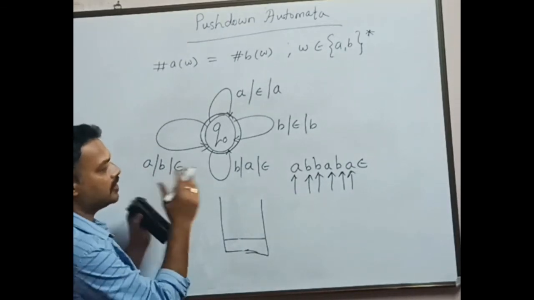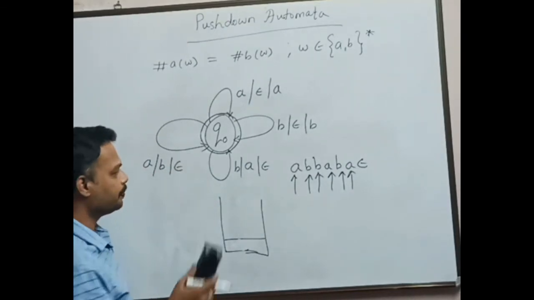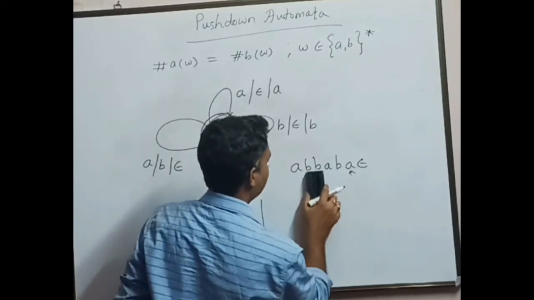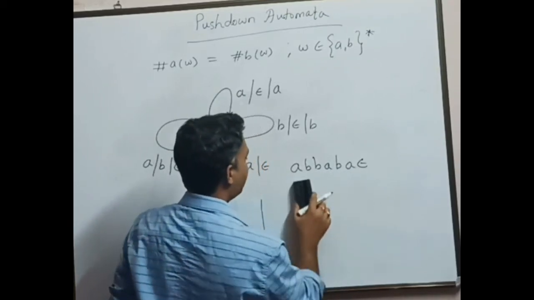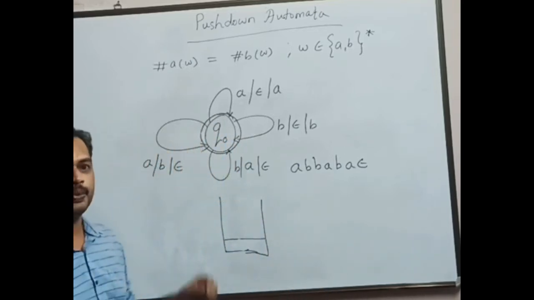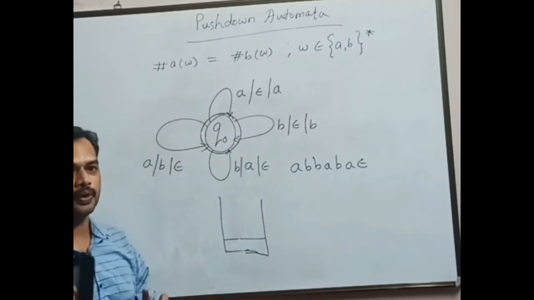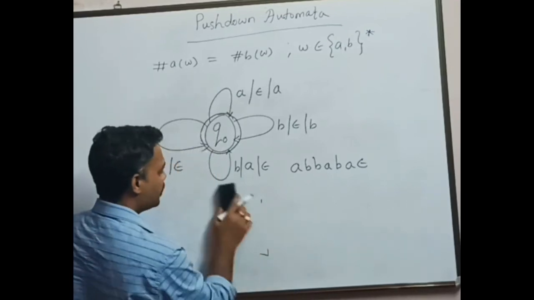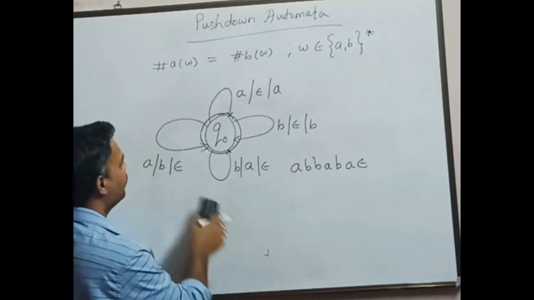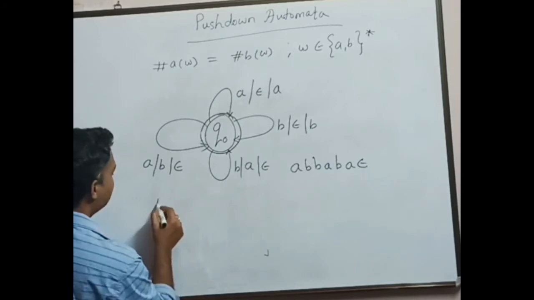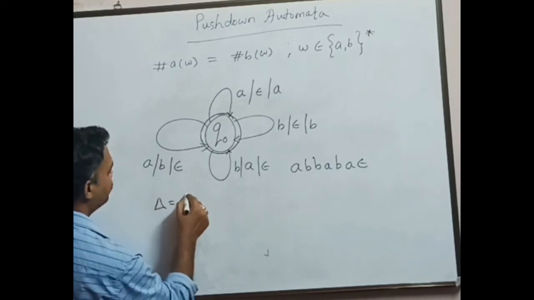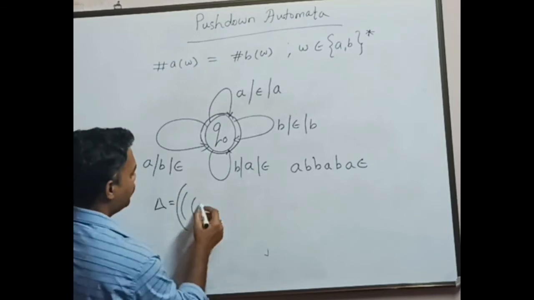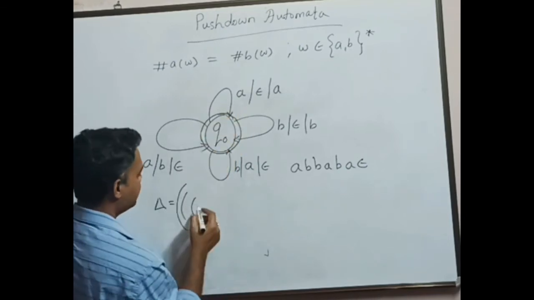So this is the design that we have to put. Now one more part of this solution I will tell you. When we arrive at a solution, we need to specify delta as well in all the problems with respect to PDA. Delta is all about transitions. With respect to this design, let us take the first transition.